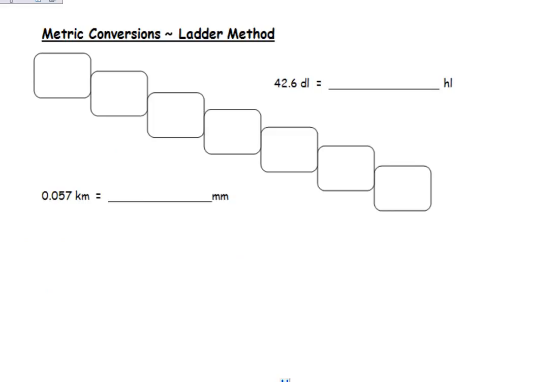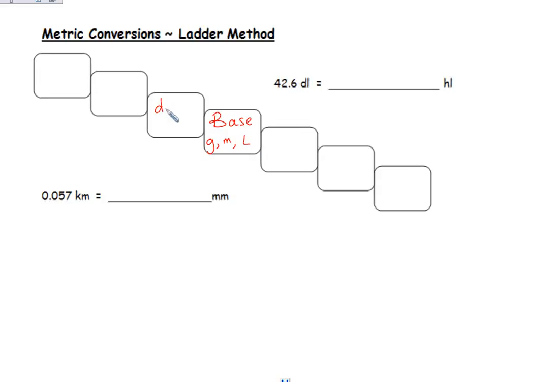So when we make metric conversions, there are a few options. One option is kind of this ladder method. I like this. I do this, where you start with the base in the middle. And again, the base is like a gram, a meter, or a liter. From there, you do need to understand and memorize the order of these metric prefixes.